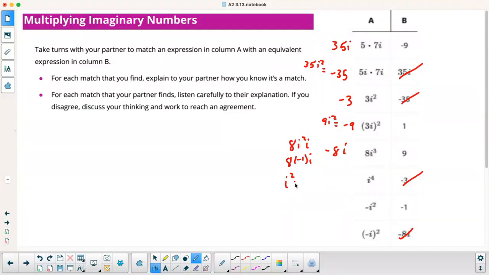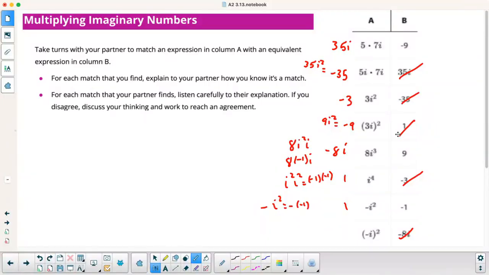Well, you could think of it as i squared times i squared, which would be -1 times -1, which would equal 1. Then -i squared. So you've got the negative sign there, and then i squared. So this is -1, so it's -1 times -1, which would be +1, which would be, oh, it's right here.